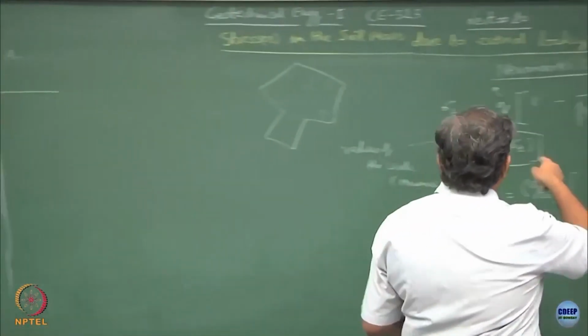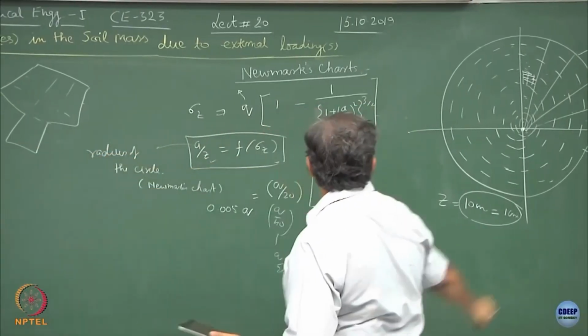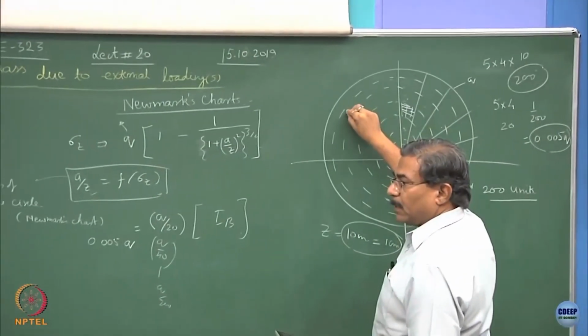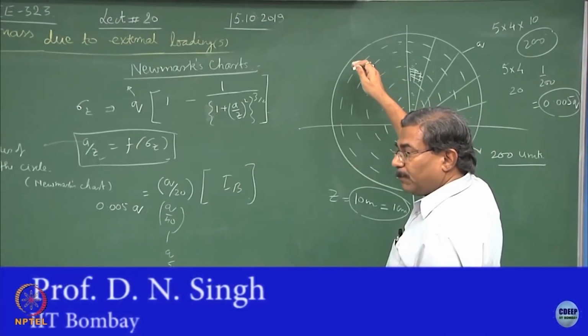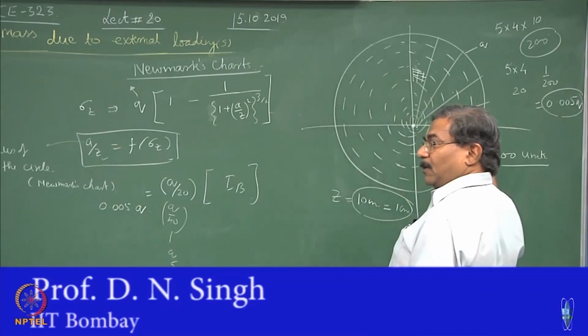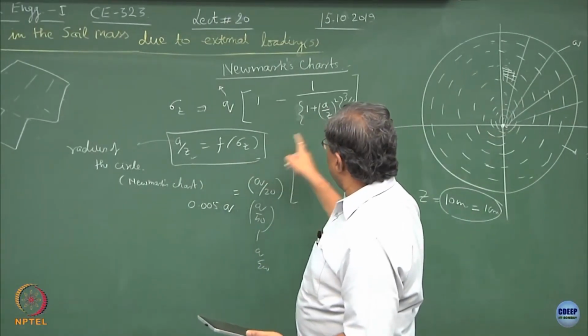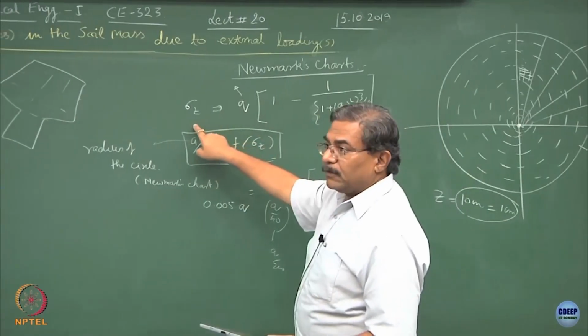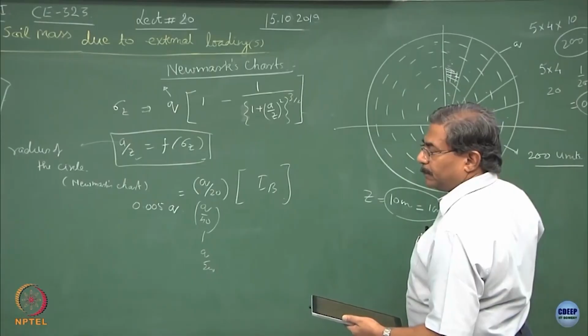So, in this expression sigma z upon q we have defined. Each circle which you are plotting over here corresponds to 10%, 20%, 30%, 40%, 50%, 60%, up to 100% in reverse order, because this shows that as A increases your sigma z value is going to decrease. So, this is 10% and so on.